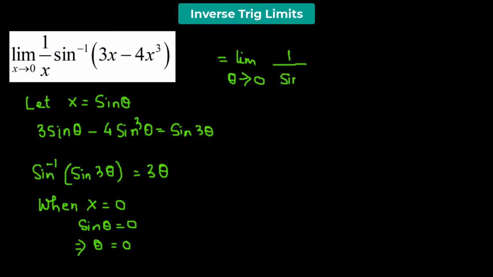So x here is sine theta times sine inverse of sine 3 theta, which is going to be 3 theta. So that gives us 3 times the limit of theta tending to 0, theta over sine theta. So theta over sine theta, the limiting value is going to be 1. So our final answer is 3. Let's move on to the next question.